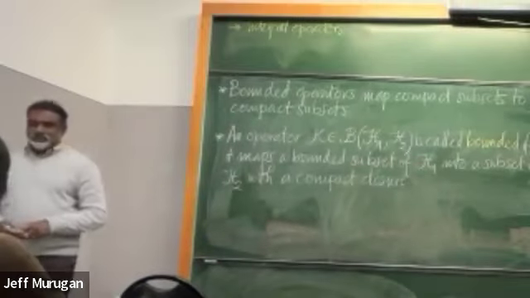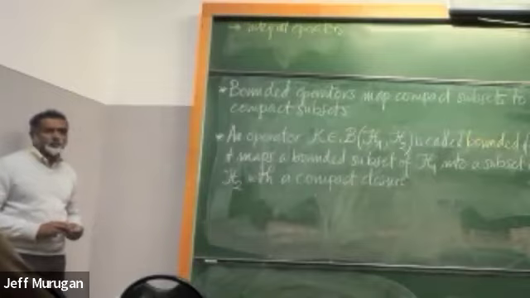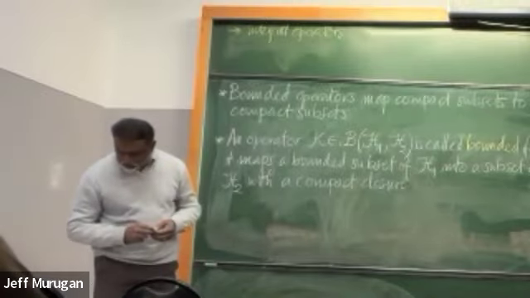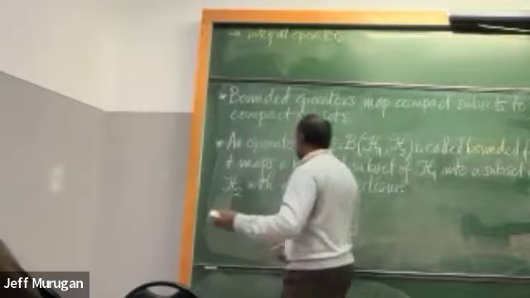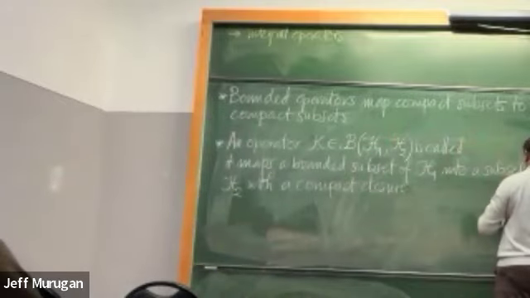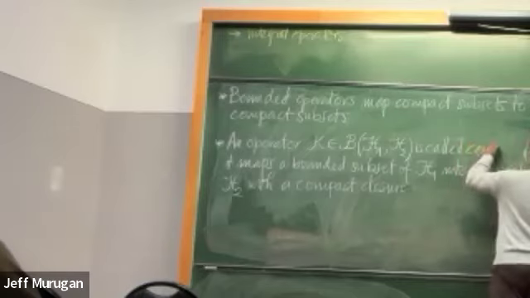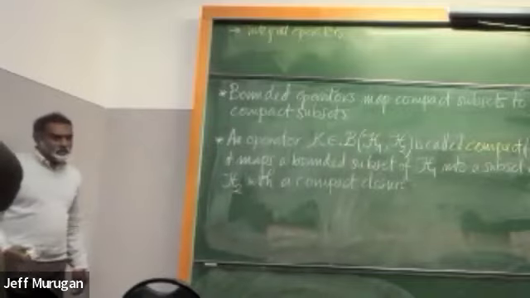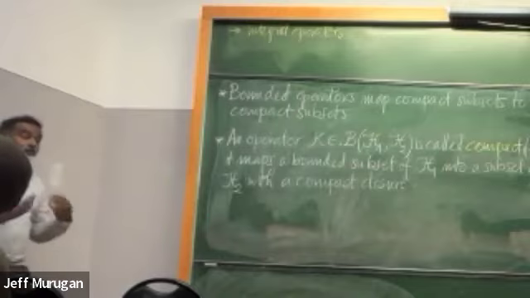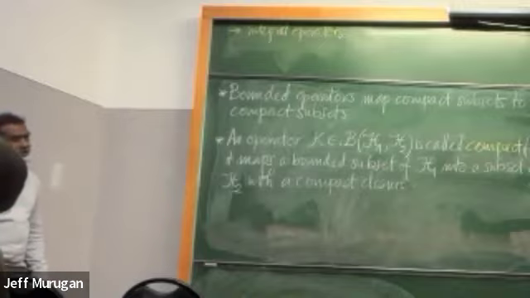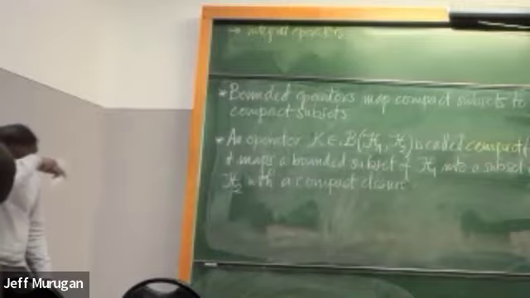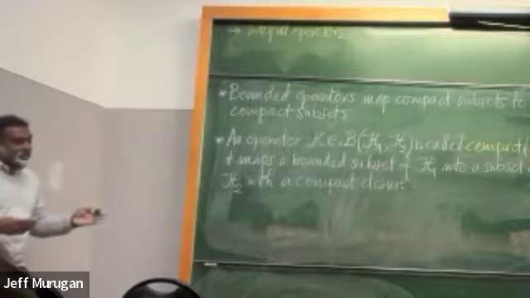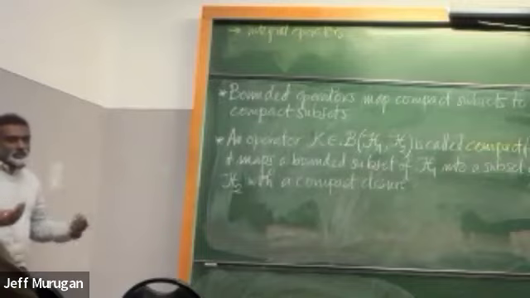While that definition is technically correct, it's operationally very hard to work with. If I give you some bounded operator that takes me between H1 and H2, and I want to know whether this operator is compact, then you have to check specifically that it maps bounded subsets of H1 into subsets of H2 with compact closure.